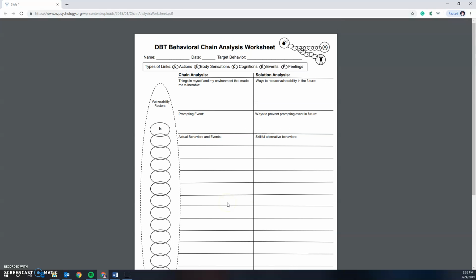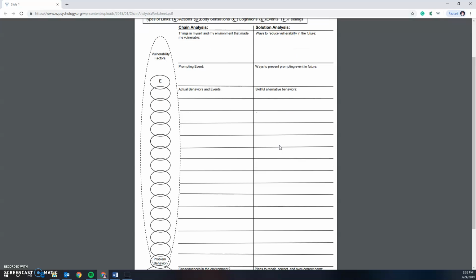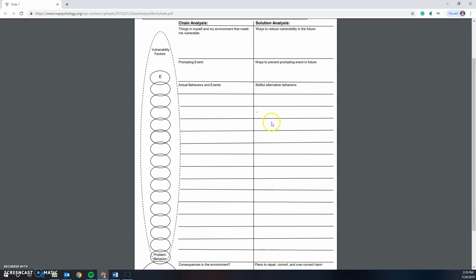The next step is to then identify a solution analysis, ways to reduce your vulnerabilities at the beginning, ways to prevent that prompting event or that kind of prompting event in the future, and other kinds of alternative behaviors that you could implement at every step of your behavioral analysis chain.